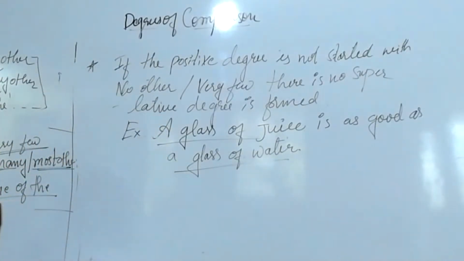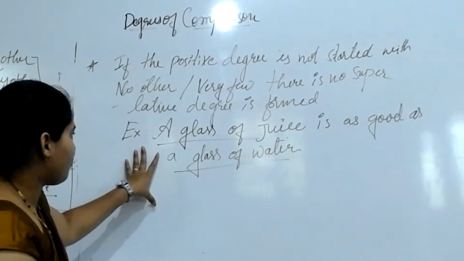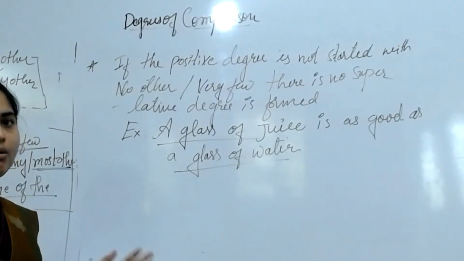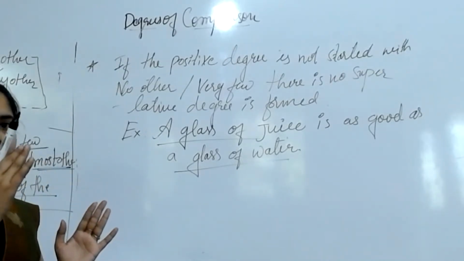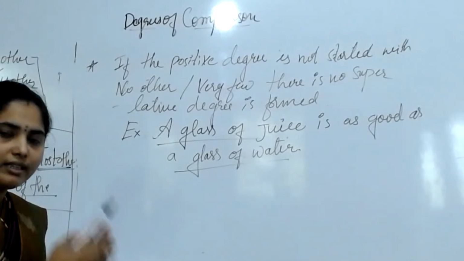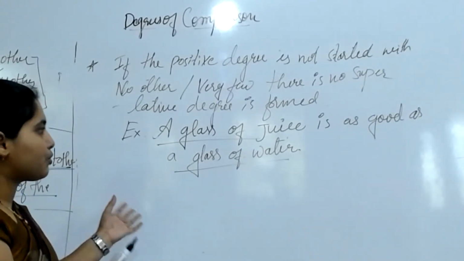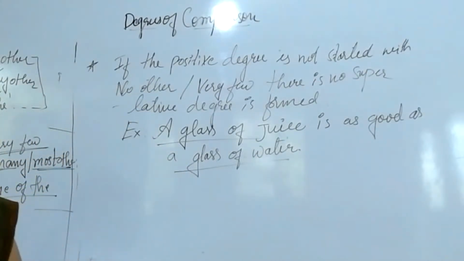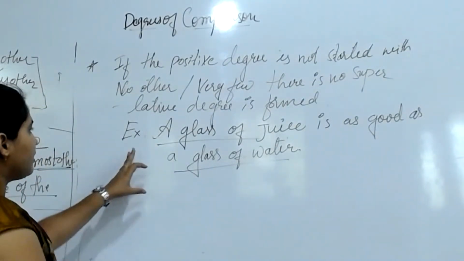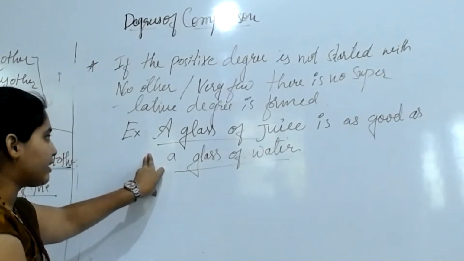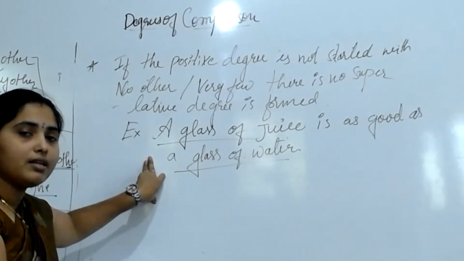Like if we take names, Suma and Geeta: Suma is more intelligent than Geeta. In these cases, you should not form the superlative degree, because if there are two individuals, there is no superlative degree. You can change this sentence into comparative degree, not the superlative degree.